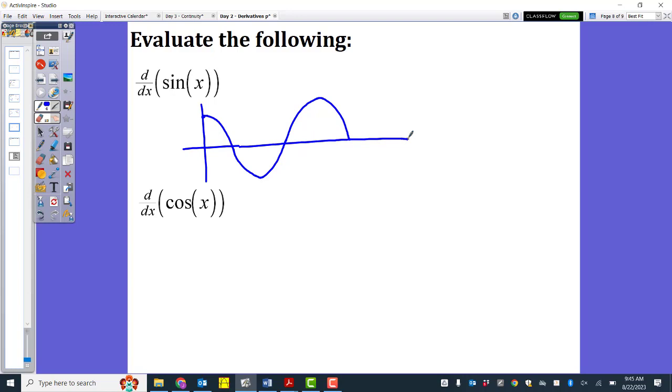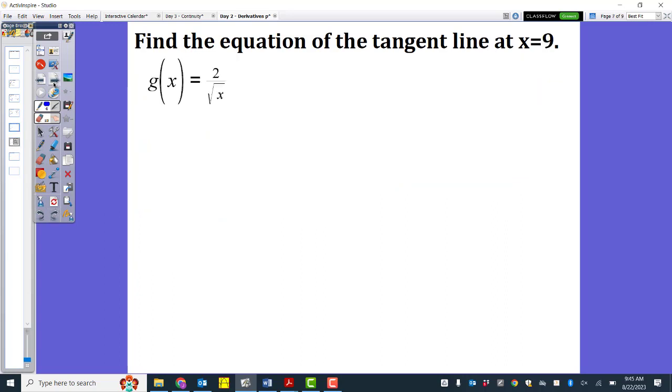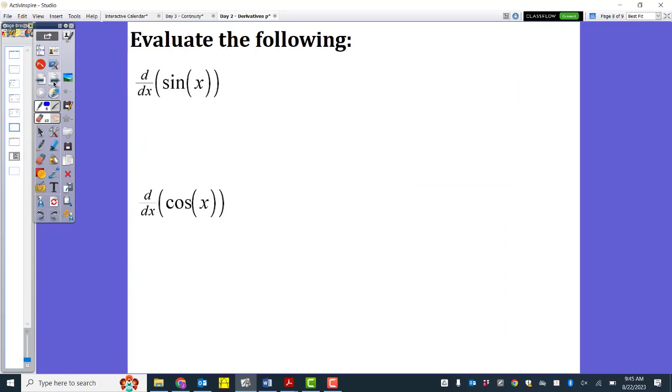Sorry, guys. Sine starts at 0 and then goes to 1, 0, negative 1, 0, constantly going back and forth. Now, we're trying to take an approximation of the slopes here. Well, this almost looks like a slope of 1.